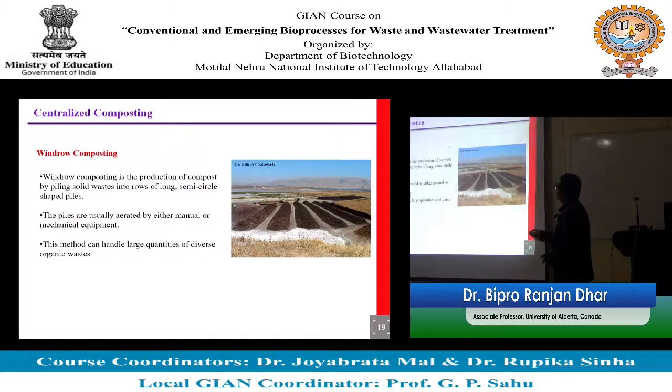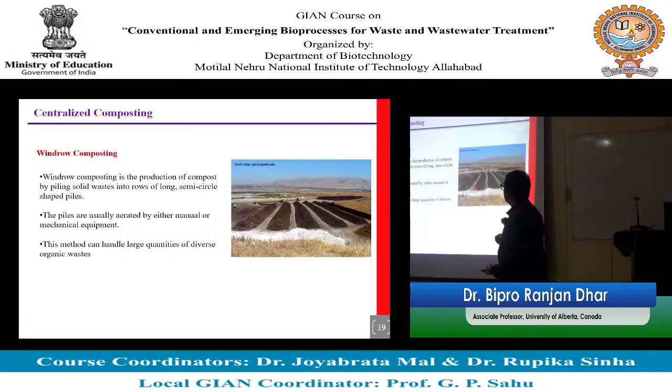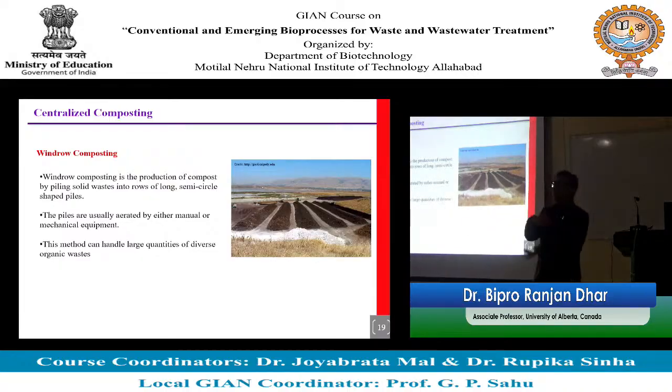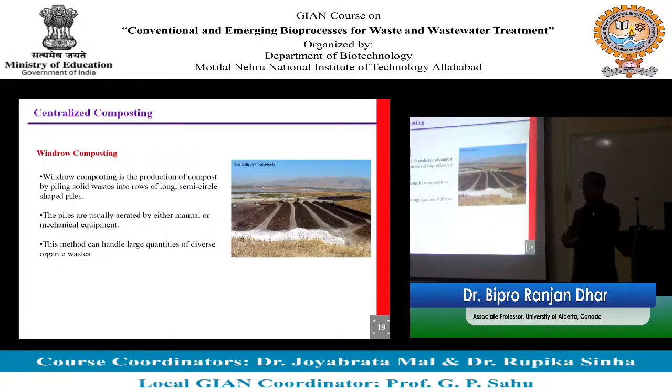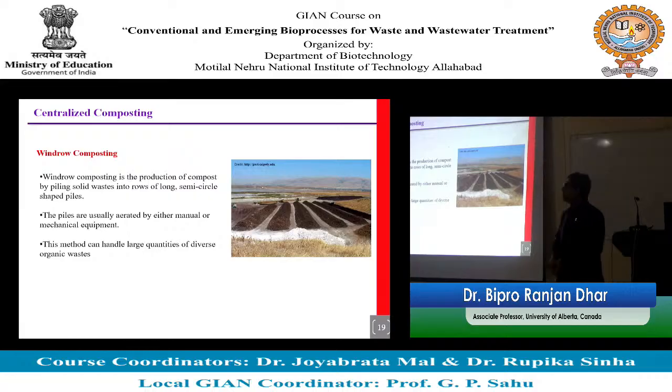The piles are usually aerated either manually or with mechanical equipment. In a large facility, you cannot do it manually, so you might need some mechanical equipment to do that.